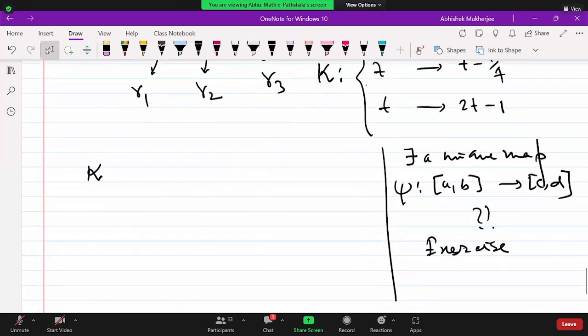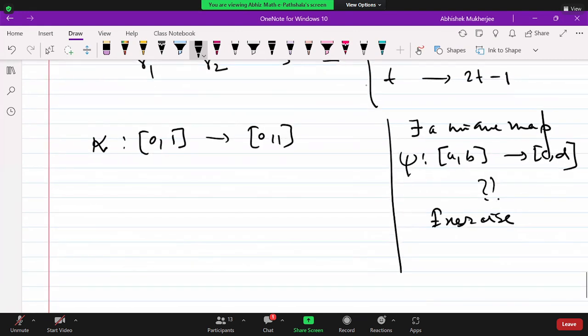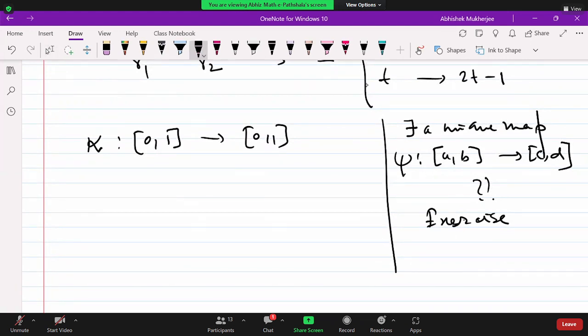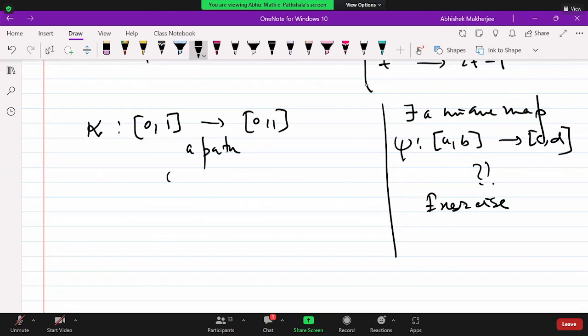Fine. So using this K, this is a map from closed interval 0, 1 to closed interval 0, 1. That means it is a continuous map, so it is a path connecting 0 to 1, right? And another path can be considered as the identity on 0, 1.